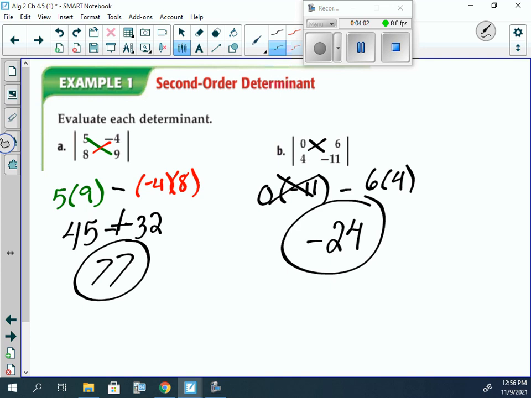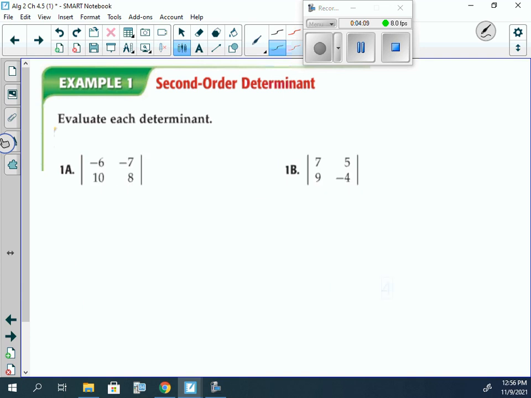Because we could say 0 minus 24, which will still give us negative 24. Let's look at the next one. Negative 6 times 8 minus.